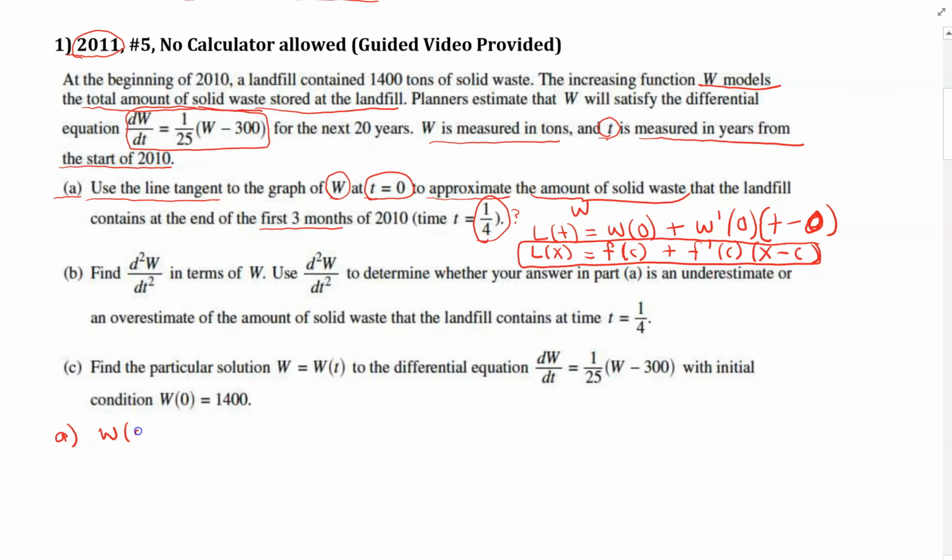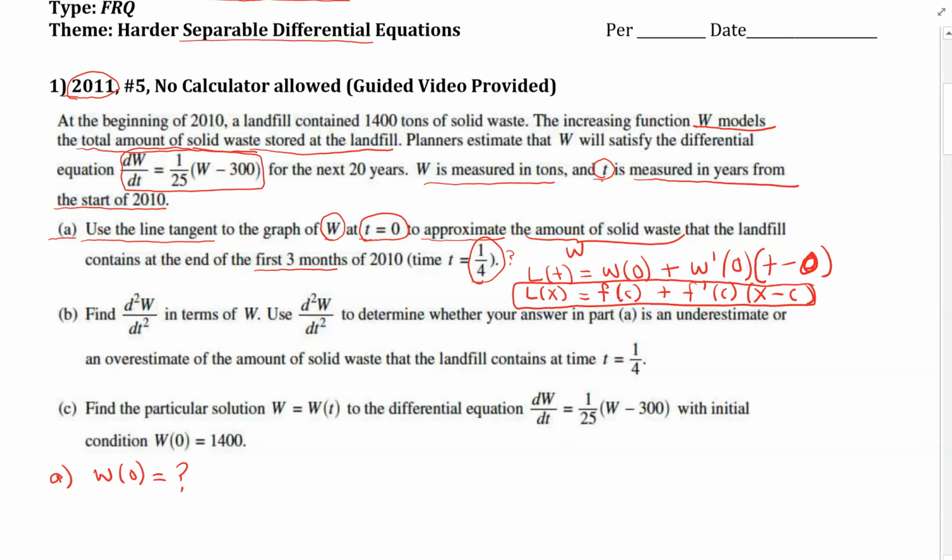Well, the question is, what is W of 0? I don't have an equation for W, so I need to go back up to the beginning of this problem to get some more information. Now remember, 0 means the beginning of 2010, because t represents years from the start of 2010. So this would be 0 years from the start of 2010.